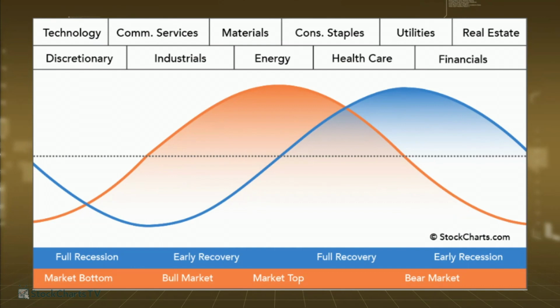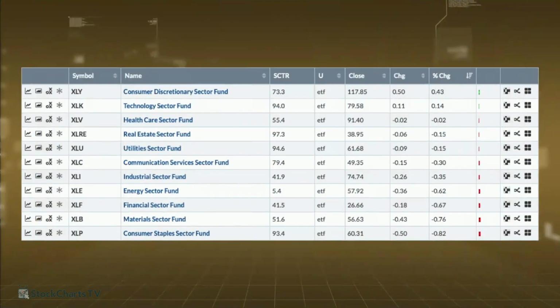Is there internal strength? Is there internal weakness? You need to pay attention to that. But it also helps you determine which areas you may want to trade within. Typically, when the market's moving lower, you may not want to be in the market as deeply, but if you are, you may want to spend more time in the more defensive sectors of staples and utilities, like I said, real estate.